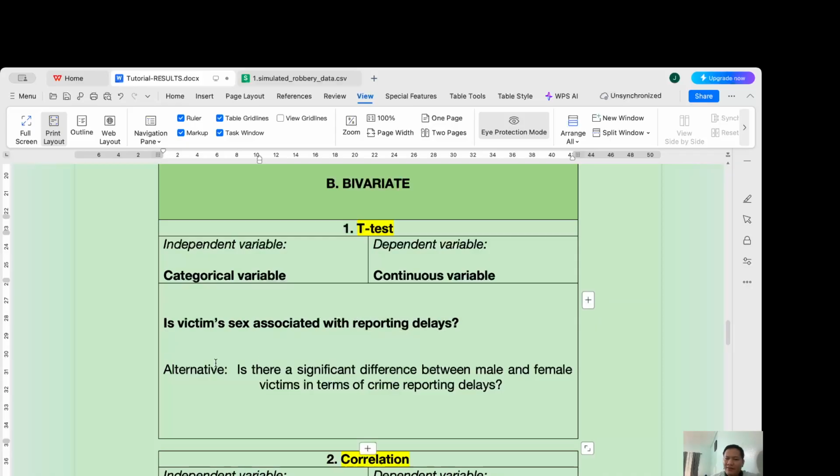So the alternative research question for this one is: is there a significant difference between male and female victims in terms of crime reporting delays? So that's the type of research question that we are going to answer using the t-test. So you compare two groups in terms of a continuous variable.